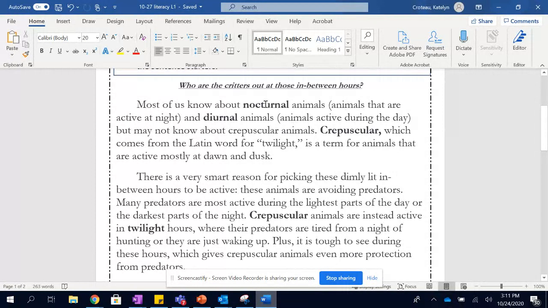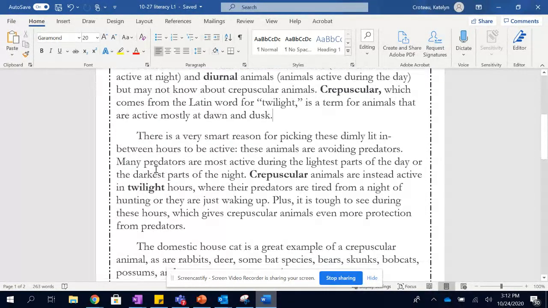Okay, so I heard the word nocturnal, animals active at night, diurnal, animals active during the day, and finally crepuscular. Crepuscular, which comes from the Latin word for twilight, is a term for animals that are active mostly at dawn and dusk. Okay, so that's like right as the sun is coming up and right as the sun is going down. Okay, when it's kind of dimly lit outside.